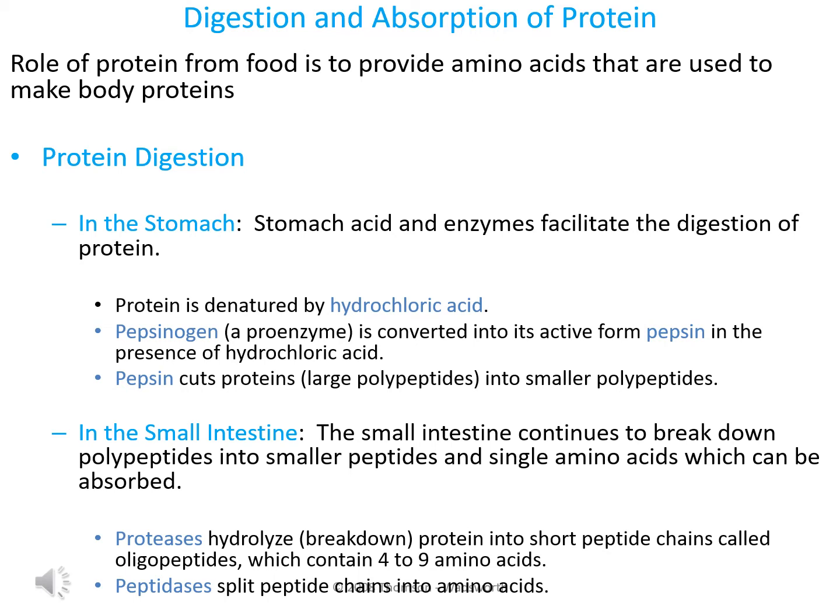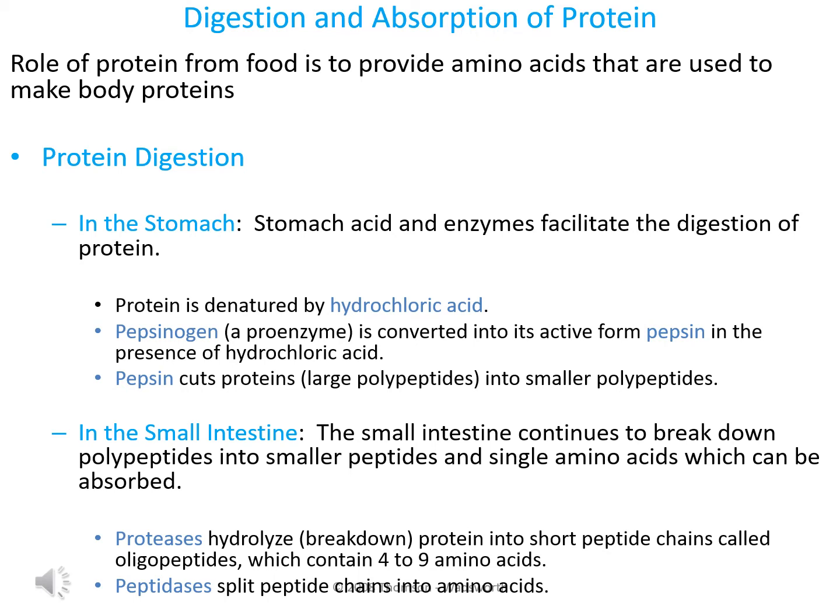Protein digestion begins in the stomach. The presence of stomach acid, or more specifically hydrochloric acid, starts to denature the protein strand. It uncoils the protein and allows the enzymes that are present to start the digestive process.